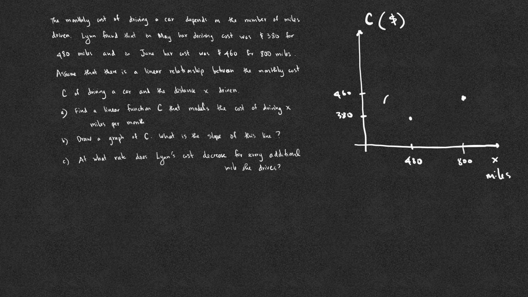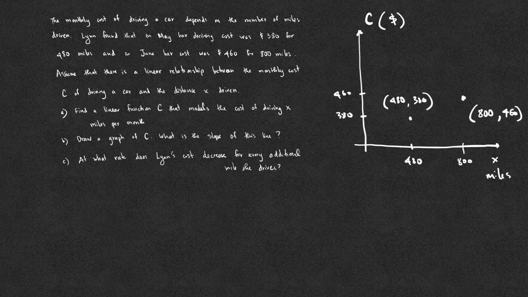The first point is x equals 480, the x coordinate, the independent variable, the number of miles, and the y coordinate is 380. For the second point, the x coordinate is 800, and the y coordinate is 460.